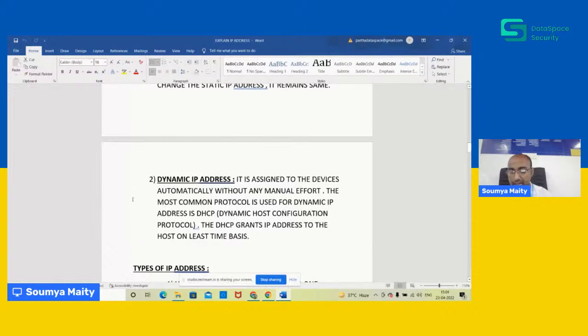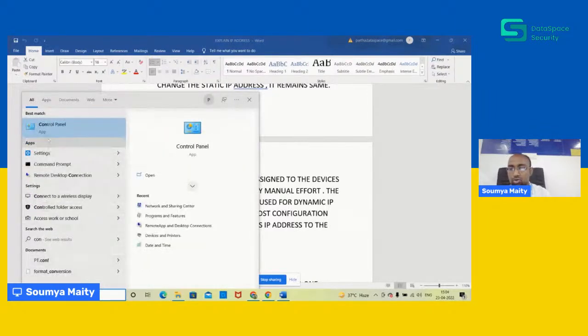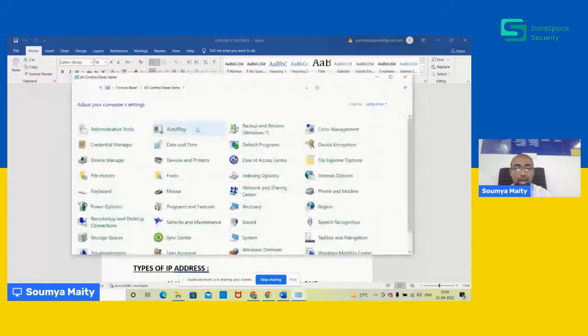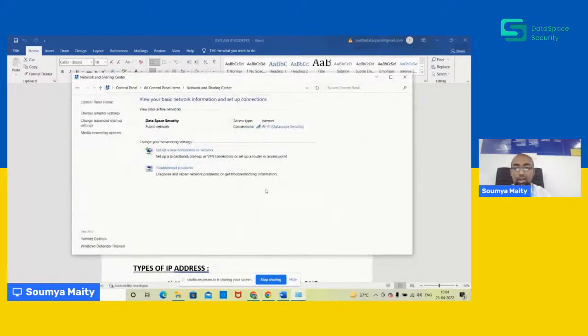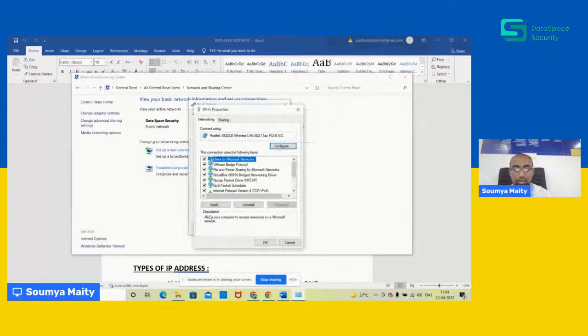So let's move to the practical. In Windows search, type Control Panel. Go to the Control Panel application, and there is the option Network and Sharing Center. Click on it, go to the internet connection, and go to Properties. There is the option Internet Protocol Version 4.